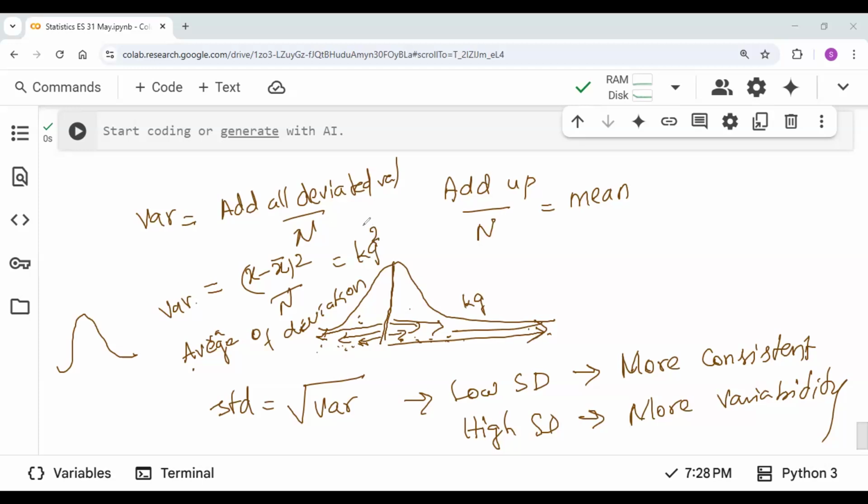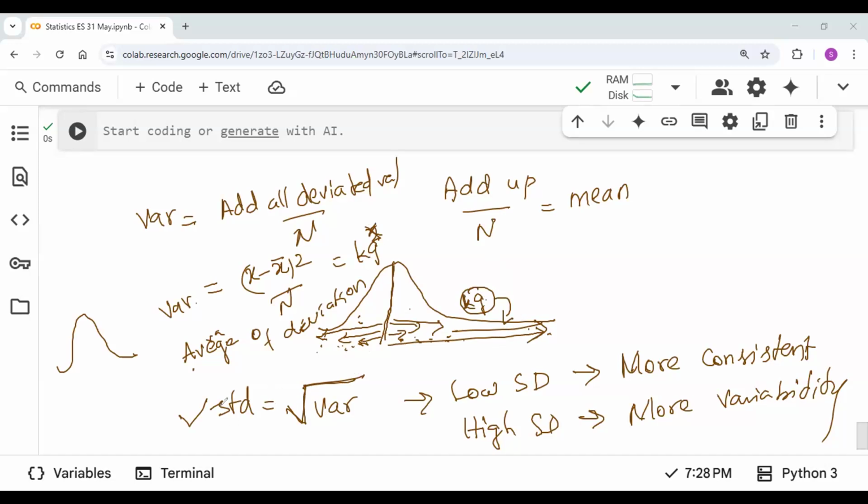So in order to avoid this, in order to maintain a similar measuring unit along with the data points, you would follow the standard deviation. When you take the square root of it, the squaring gets neglected, so the unit will follow the similar unit of the original underlying data points.